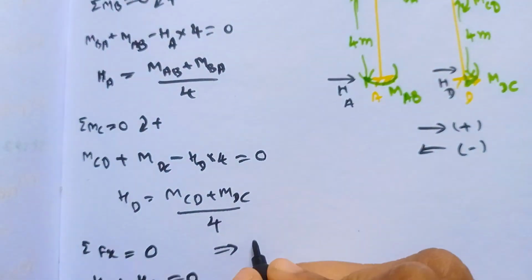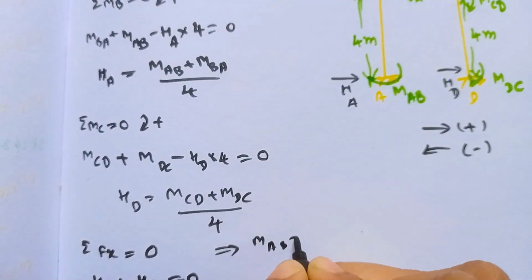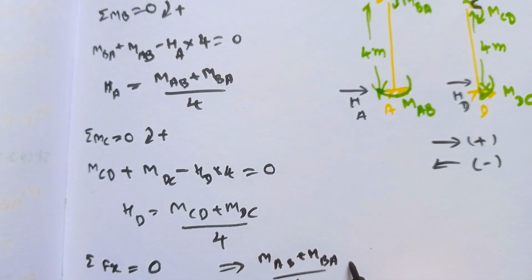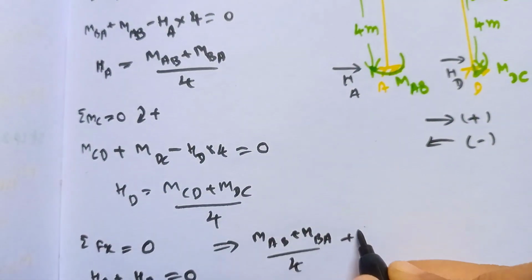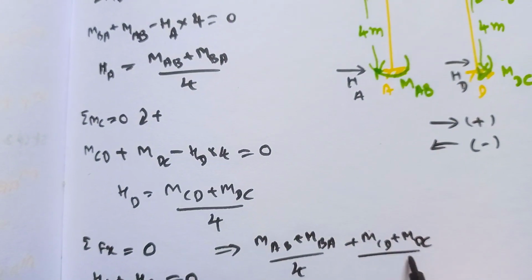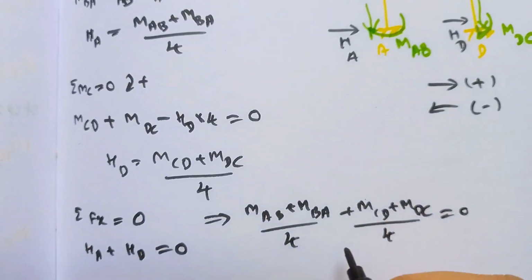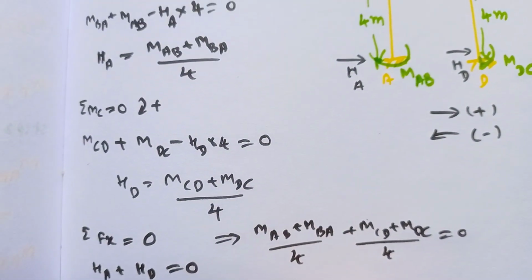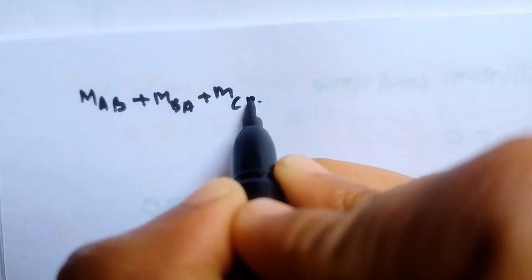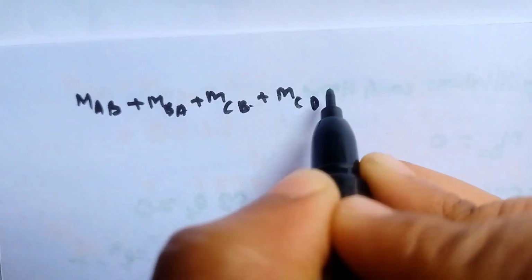HA is MAB plus MBA divided by 4, plus HD is MCD plus MDC divided by 4, is equal to 0. Simplify it. So I will write here MAB plus MBA plus MCB plus MCD is equal to 0.